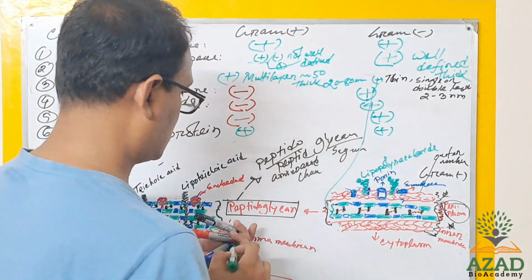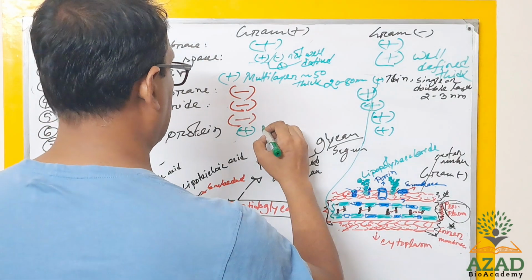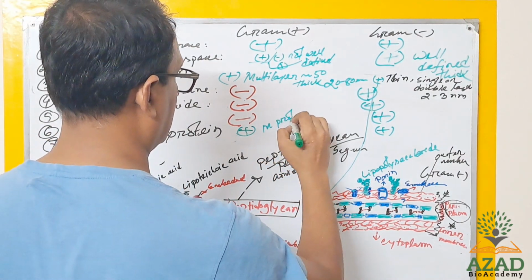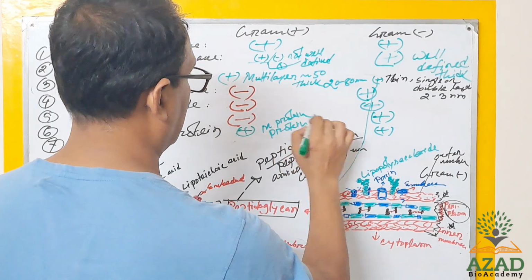Here, the embedded protein can be M protein, or you can say protein A, like that.